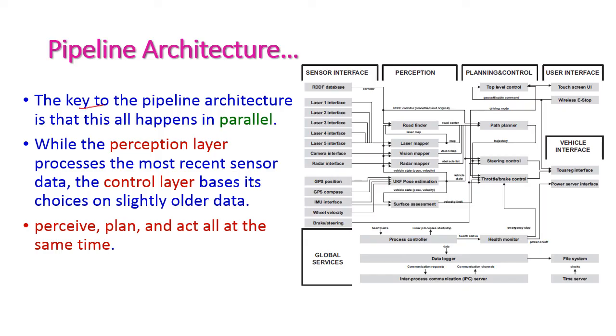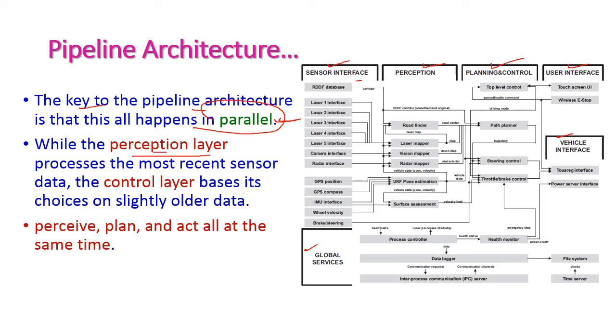The key concept about pipeline architecture is that everything happens in parallel, that is, at the same time. Here the sensor interface, perception, planning and control, user interface, vehicle interface and global service, all the layers will execute simultaneously, right?